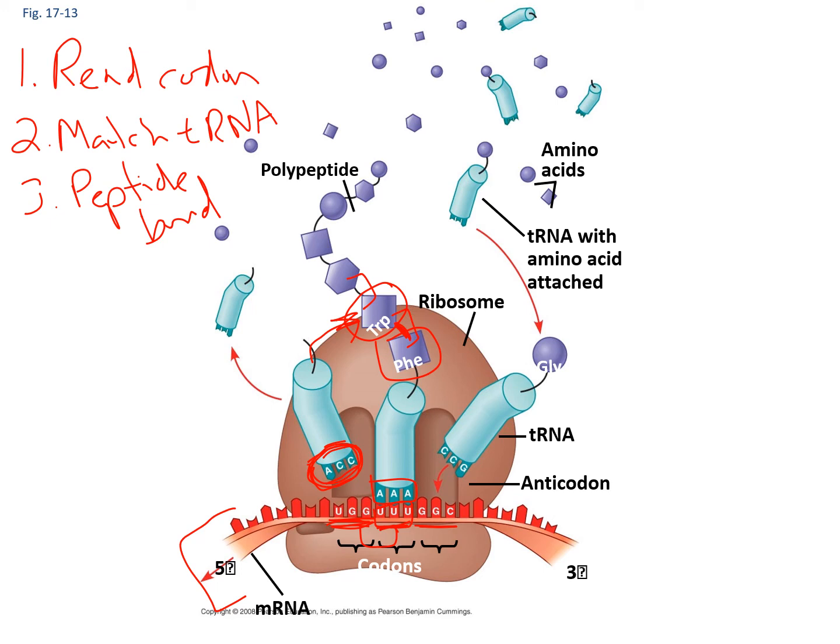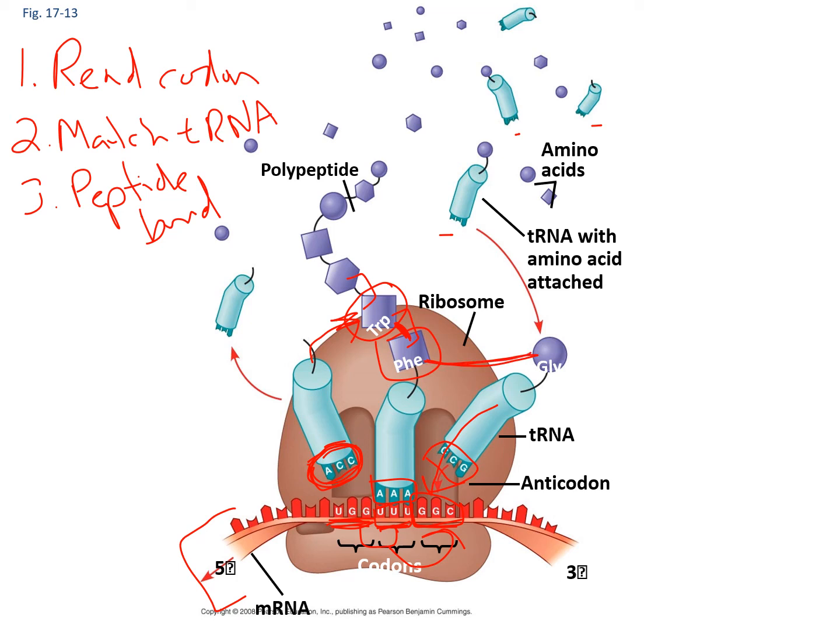Once it does that, it will shift over and read the next codon, which is GGC. It will find the appropriate tRNA, which would have the anticodon CCG. It will bind here, and then it will form a peptide bond to that amino acid.